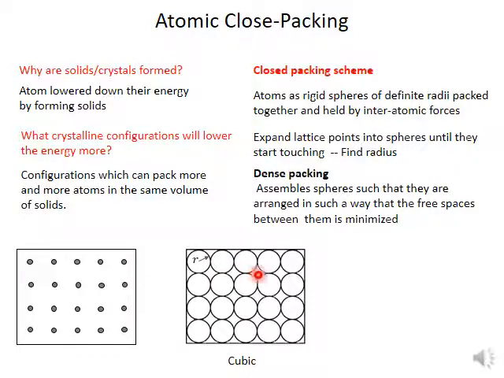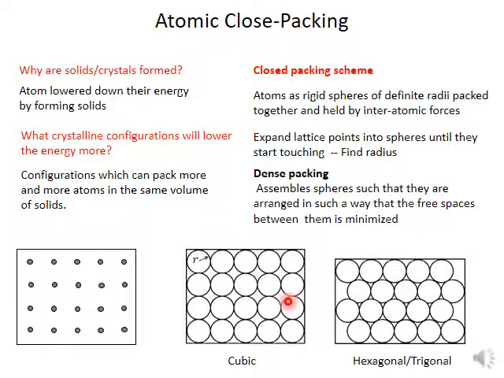This is a cubic configuration which you are seeing here, and if you rearrange the same number of atoms in a slightly different way, you can see that the interatomic spaces, which were larger here, have been reduced in such a configuration. So it is a more dense packing as compared to a simple cubic arrangement, and such a solid would be much more stable.